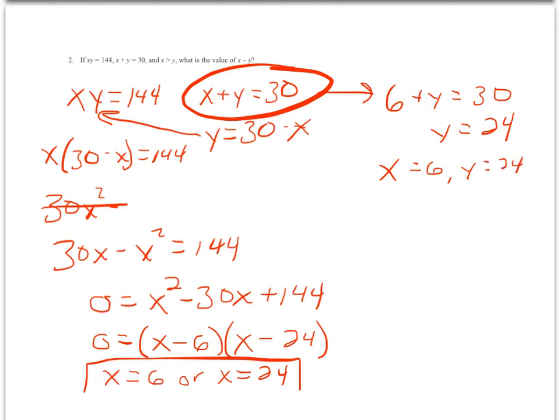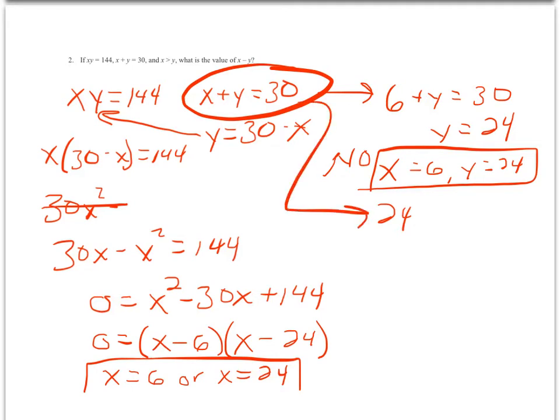That could not be the answer, because it says up yonder, x is bigger than y. X is 6, y is 24. It's not true. So if we take the 24 that we found and replace x in this equation here, we get 24 plus y is 30, which makes y 6.